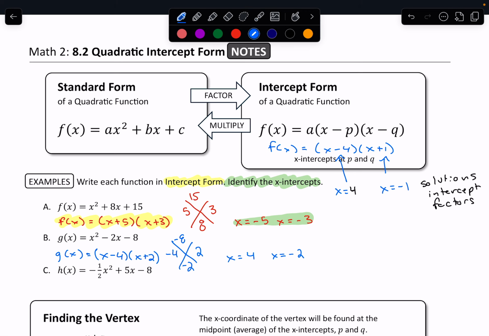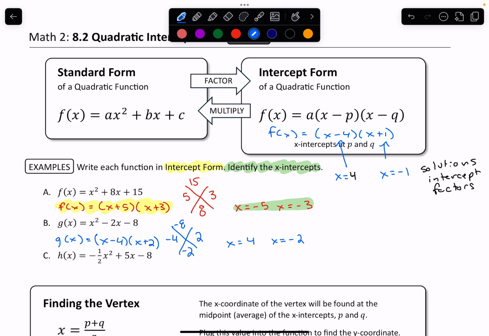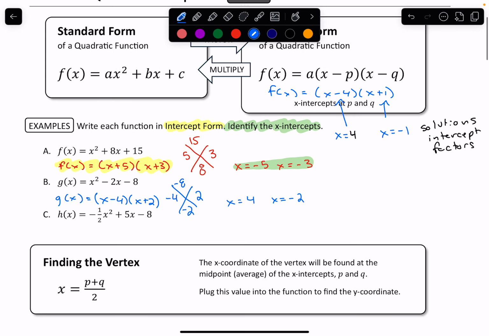Okay, now example C. If you are watching this video from another class, your teacher might have changed example C. I've got a -1/2 in front of my x squared. First of all, I don't want a negative in front of my x squared. I also do not want a fraction in front of my x squared.